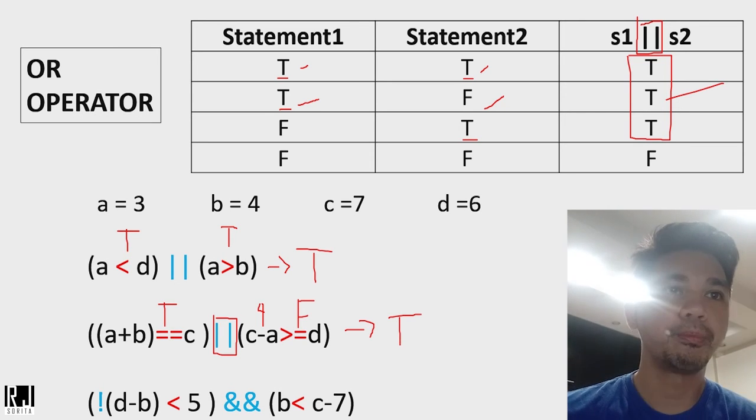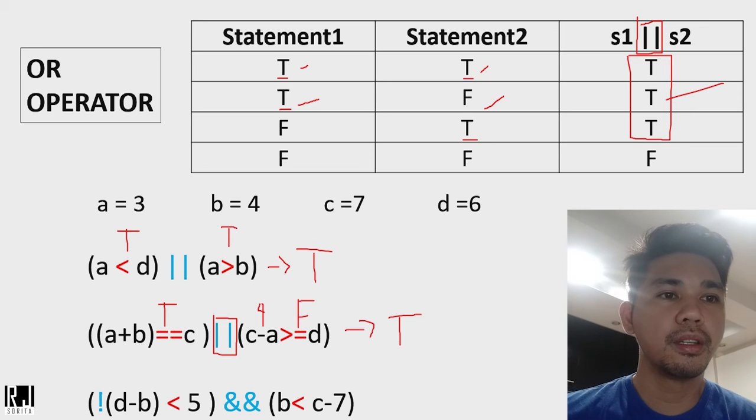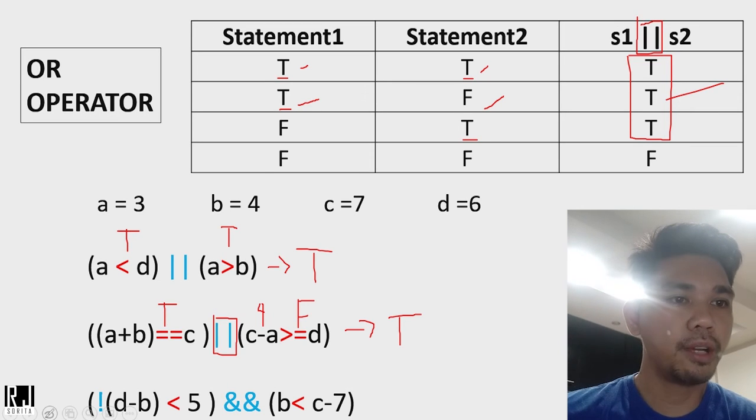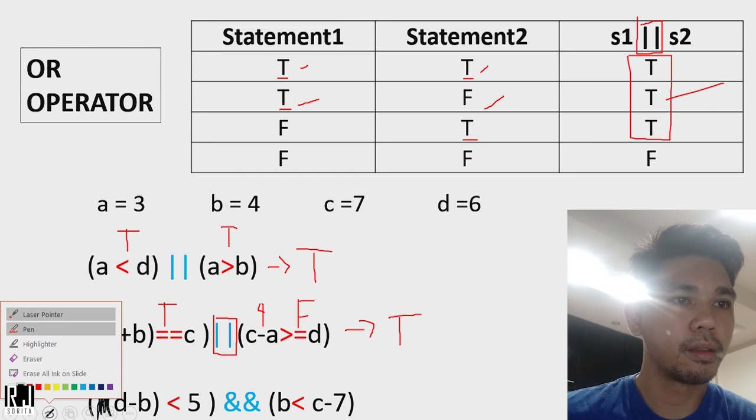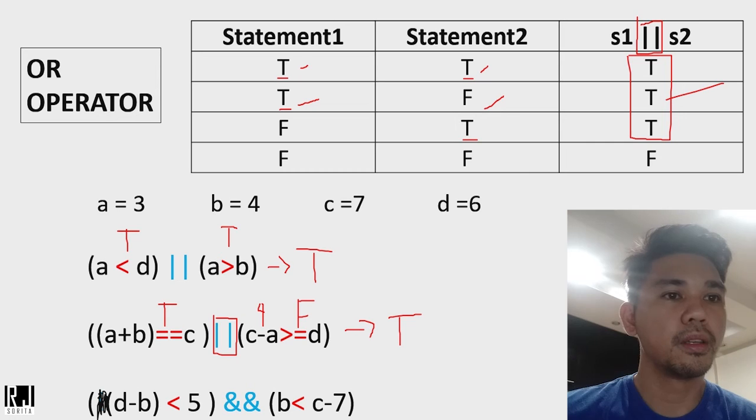So the last part is, let me remove again this not operation. D minus B, 6 minus 4, that is 2, is 2 less than 5?